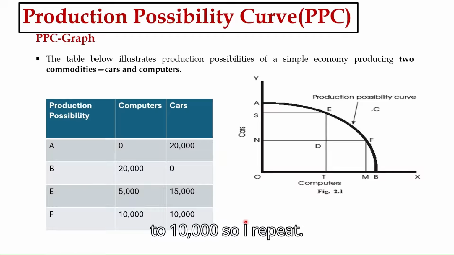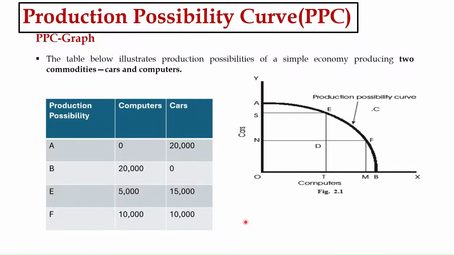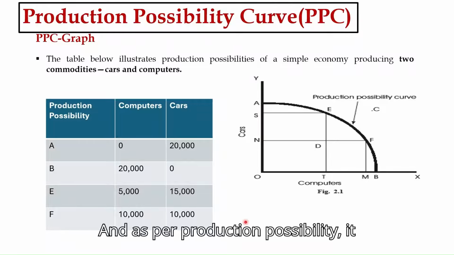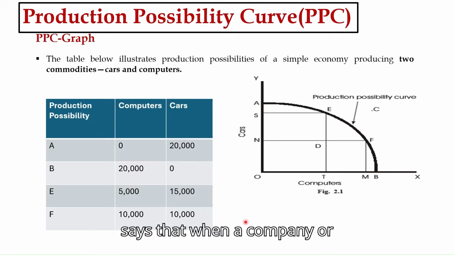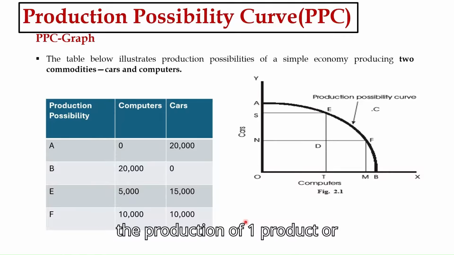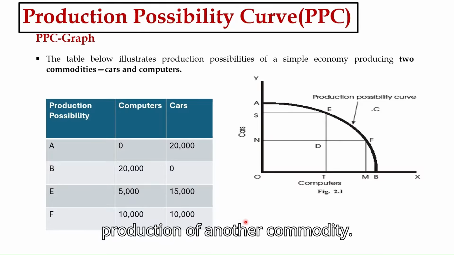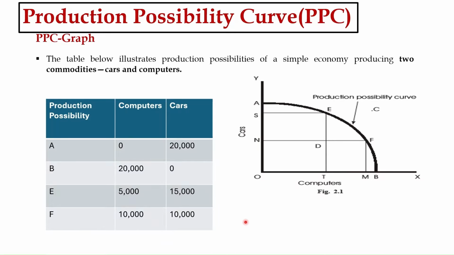So I repeat, in production possibility we consider any two commodities, and when an economy decides to increase the production of one commodity, they have to decrease the production of another commodity. Understood?